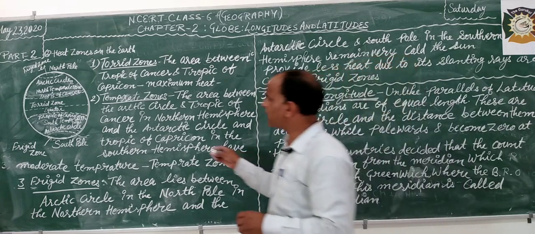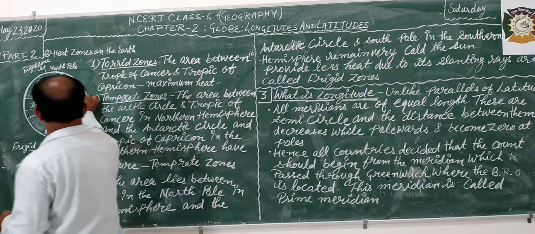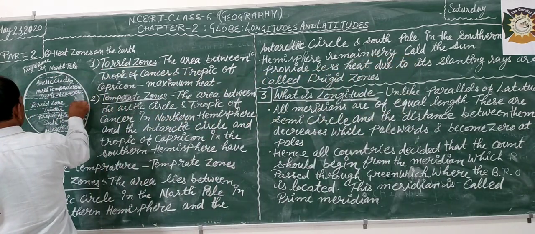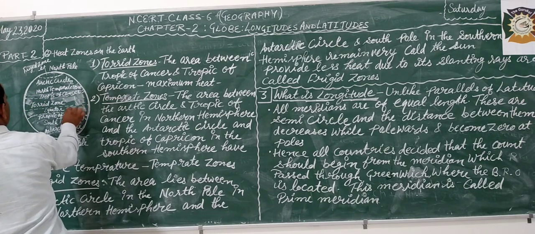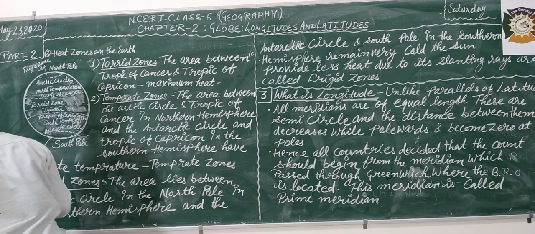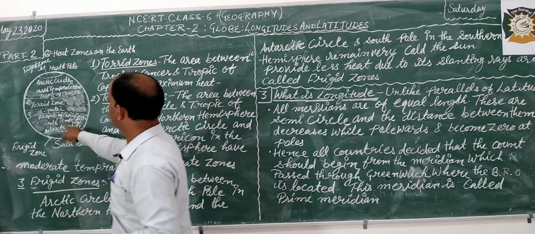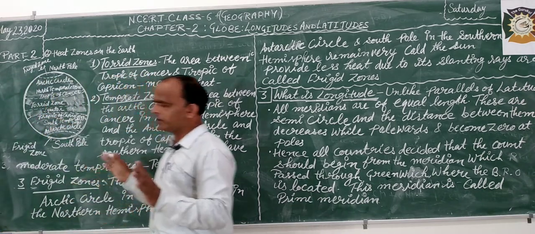So this shaded part is between the Tropic of Cancer and the Tropic of Capricorn.